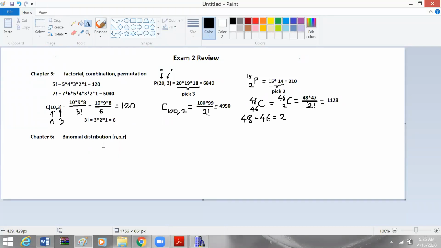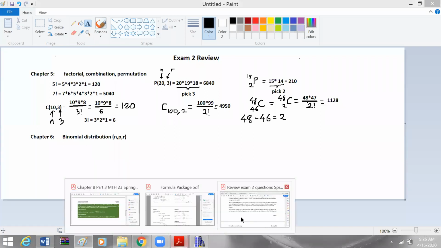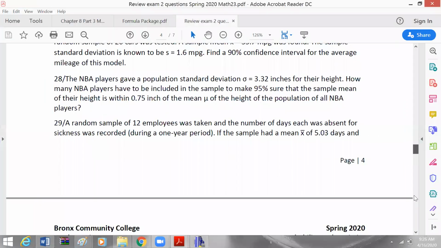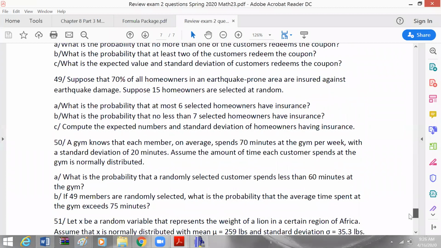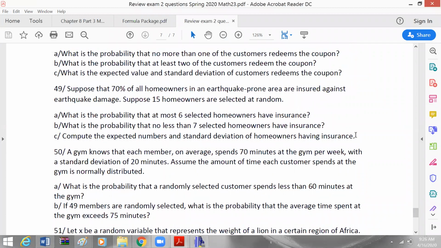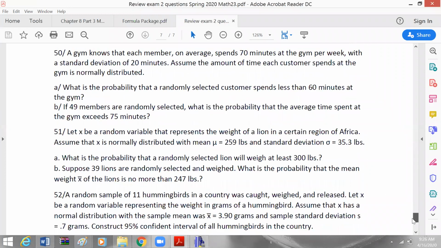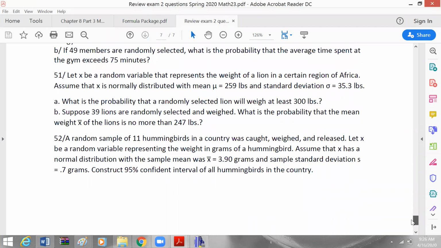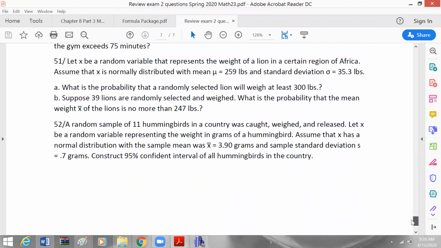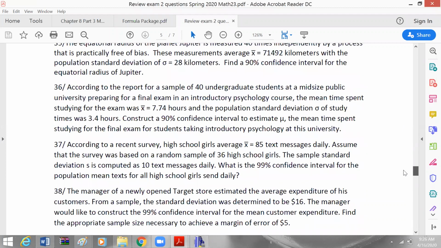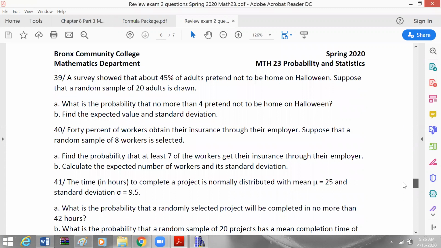So finally, what kind of question will be on chapter 6? We're going to look for certain questions. I think I gave this question on the quiz or something like that, I forgot. Let me just try a few questions and see what it is. We can try this question again.